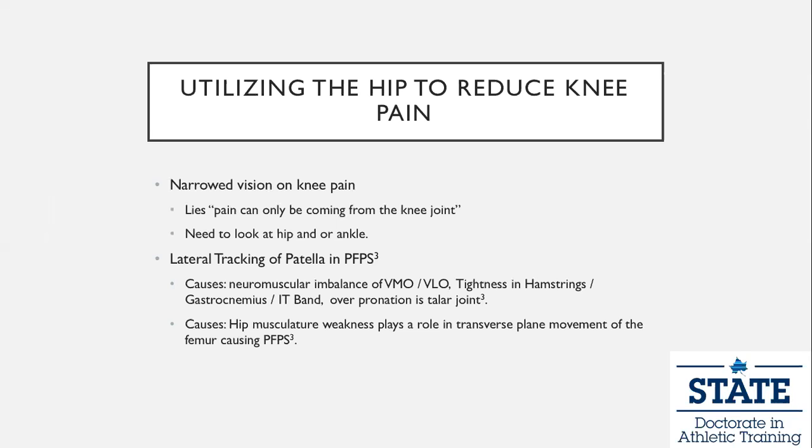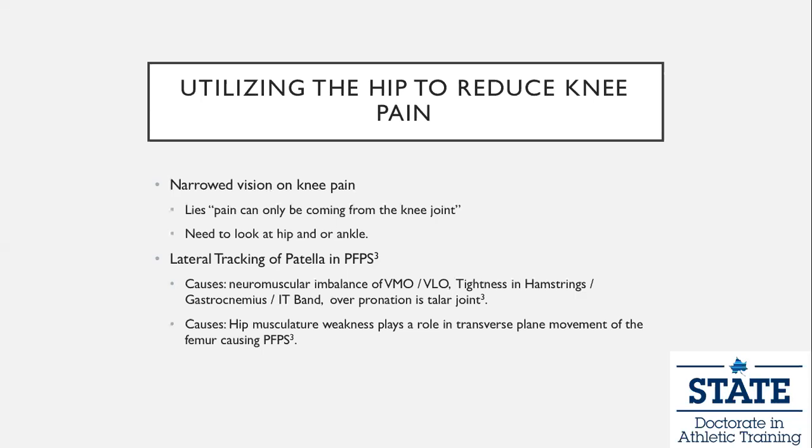So we're going to use an example such as lateral tracking of the patella with patellofemoral pain syndrome. The causes of this could be a neuromuscular imbalance with the VMO and the VLO, tightness in the hamstrings, gastroc, IT band, or overpronation at the talar joint or the ankle.